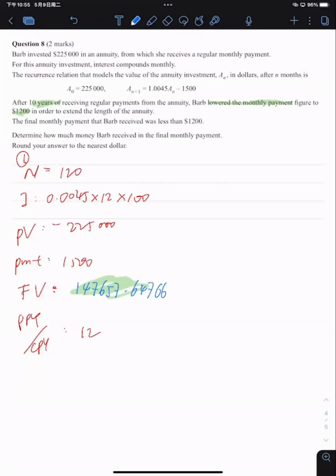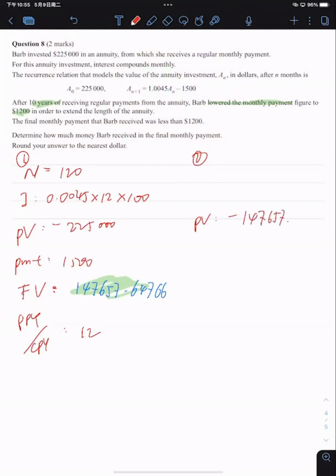What you need to do is press Control and C to copy this number, because in the next part, after the whole year, this is your new principal value.